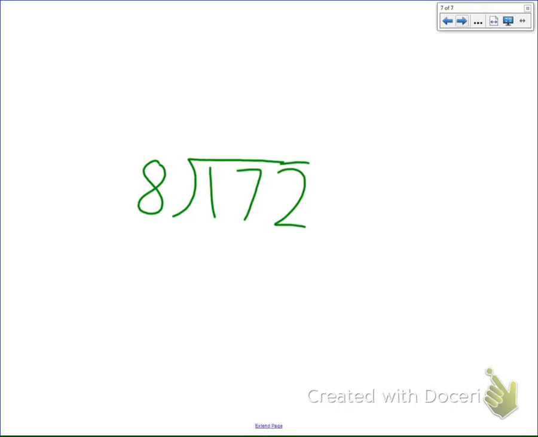Ella? 172 divided by 8, or I'm sharing it 8 times, evenly. Wonderful, well done, Ella. Okay, so the first thing I do is I need to know which times tables. 8. I need to know my 8 times tables.